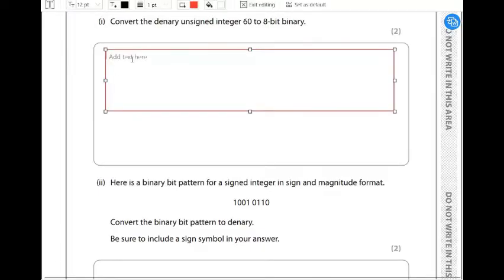So let's say we need to convert 60 to binary. The way we would do it would be 128, 64, 32, 16, 8, 4, 2, 1. That's going to be a 0, and that's going to be a 0. So we want a 1 there, so 32. And then we want to add 16, that's going to give us 48.